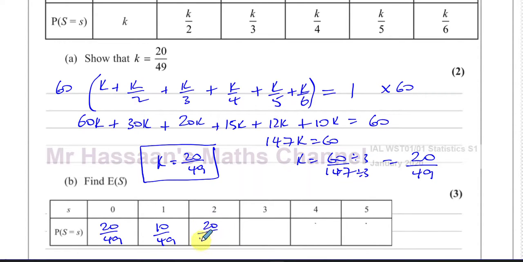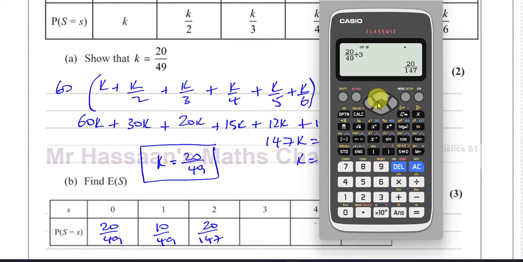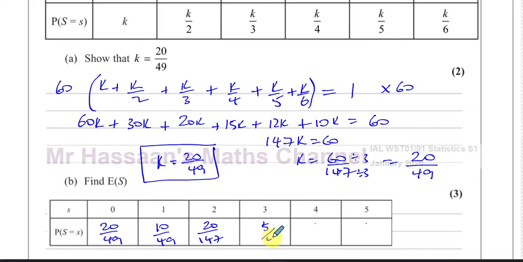The fourth column is going to be k over 4, so it's 20 over 49 divided by 4, that gives us 5 over 49.